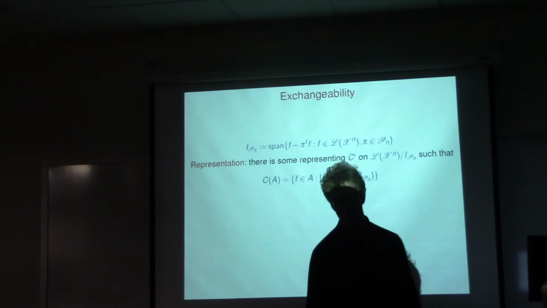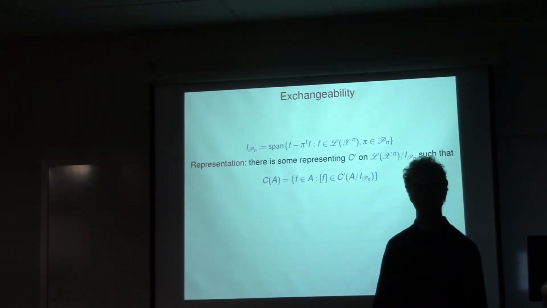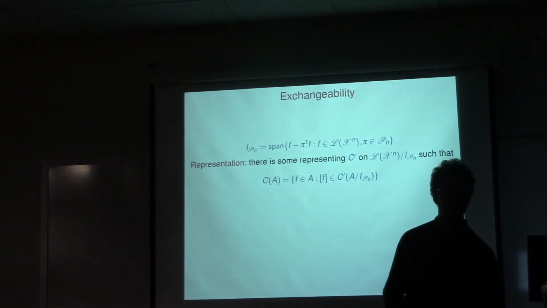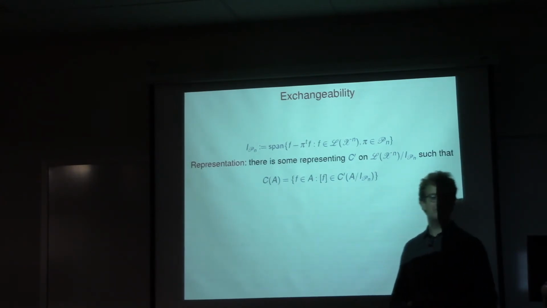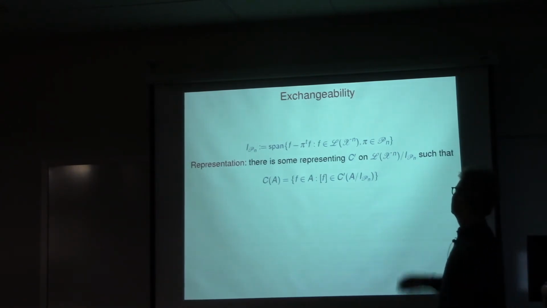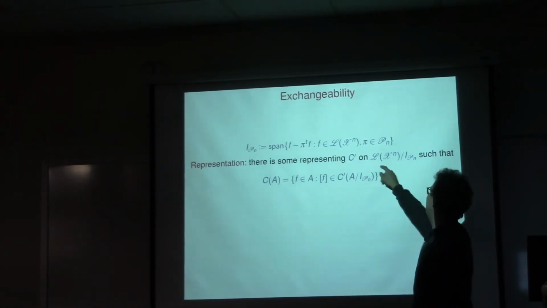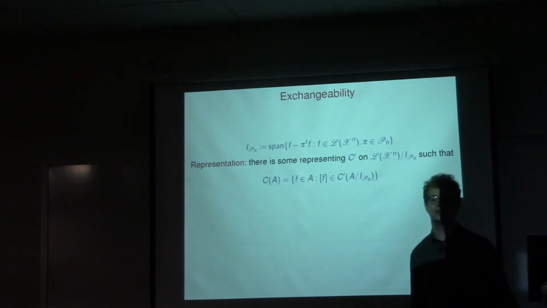Of course, in a way, this is a generalization of de Finetti's famous representation result for exchangeable probabilities, but it's not a very nice one. In particular, this set is a very ugly one. This quotient space has no clear meaning.